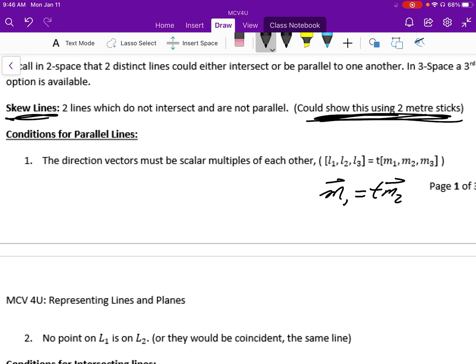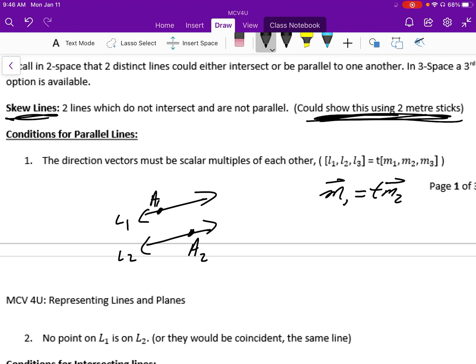Okay, and if we take a look at just two simple parallel lines here, there's the point A that we know on this line, we'll call it A1. Notice it is not on line 2. We could have some A2 that we know is on L2.